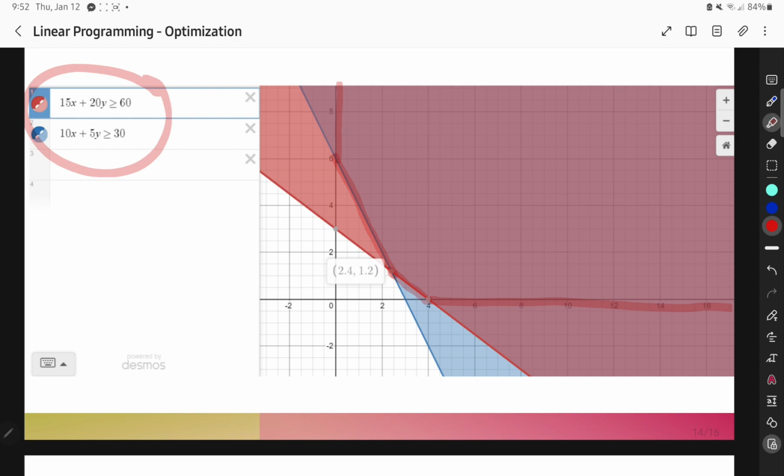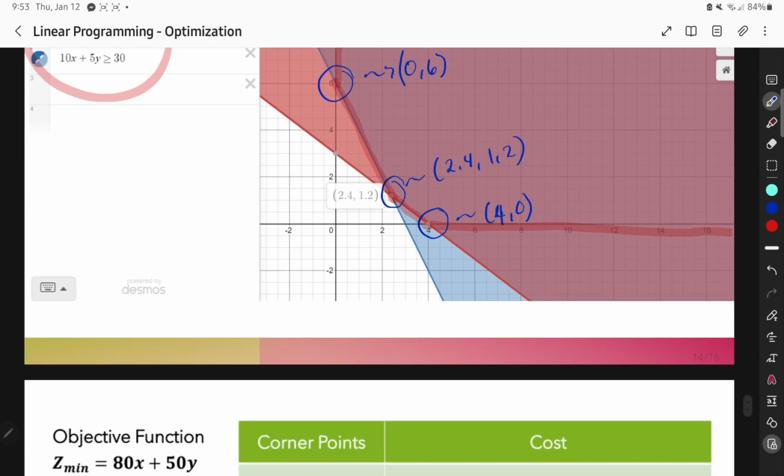Most probably in the exam, they will give the graph. Okay, and the corner points would be these points here, where the two overlap. So here we have, this is 0, 6, and this one is 2.4 and 1.2, and this one is 4, 0. Okay, so we have 3 corner points.